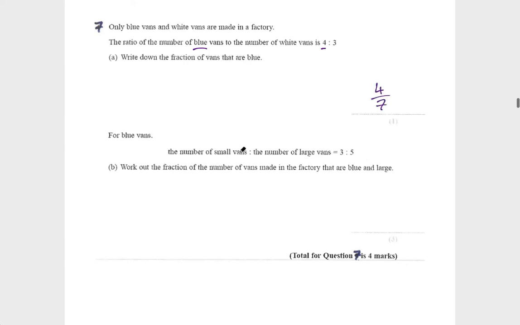For blue vans, the number of small vans to the number of large vans is 3 to 5. So when you've got 8 blue vans, 3/8 of them are small. Work out the fraction of the number of vans made in the factory that are blue and large. So large vans that are blue are 5/8 of 4/7, which we can write as a multiplication. 5/8 times by 4/7, of is the same as multiply by.